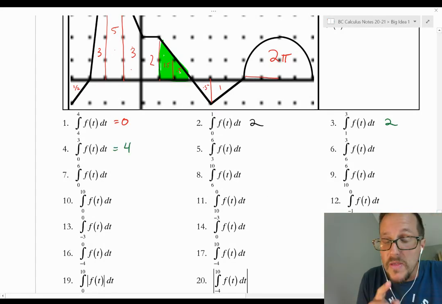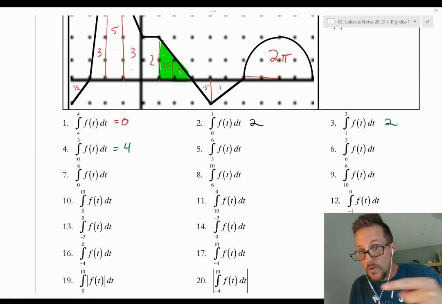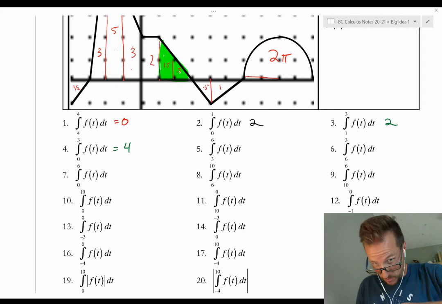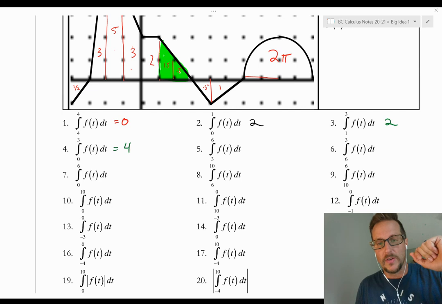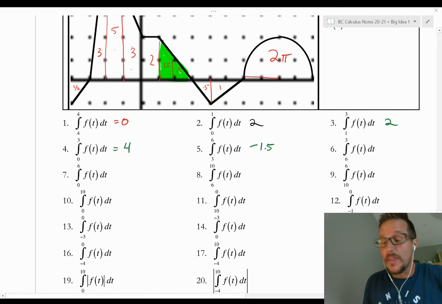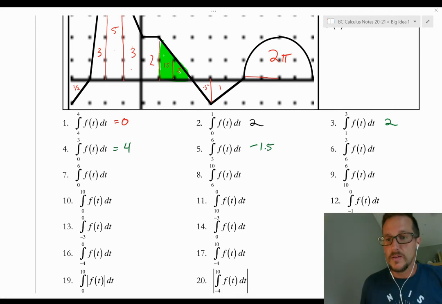What about the integral from 3 to 6? You see how all these integrals are moving to the right? So the integral from 3 to 6 of this function f, well, that's below the x-axis on that interval. So it'll be negative 1.5. Oh, and then flip it around. If you flip the limits, 6 to 3, you flip the sign.